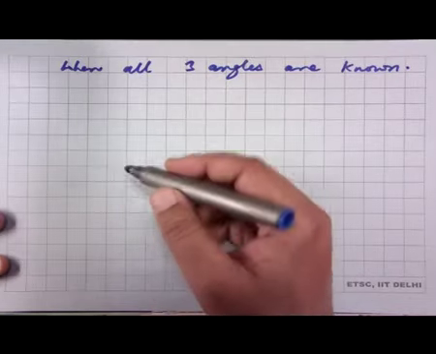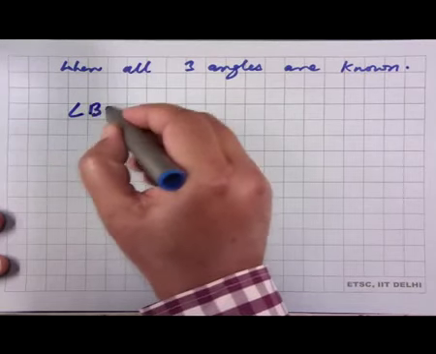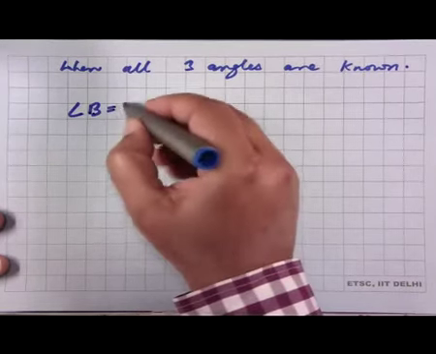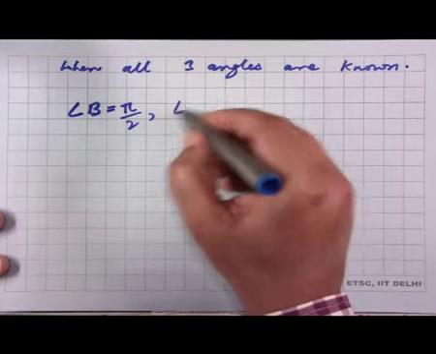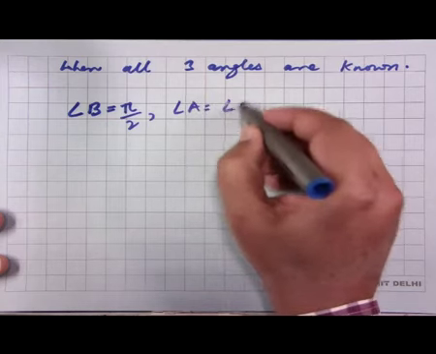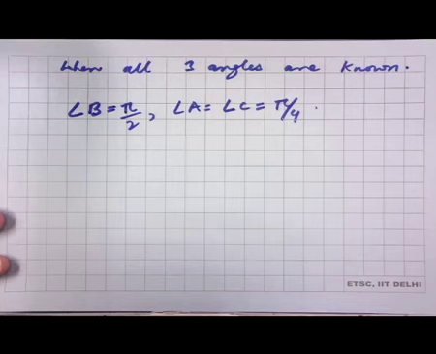Suppose it is only said to us that angle B is 90 degrees, angle A and angle C are 45 degrees.